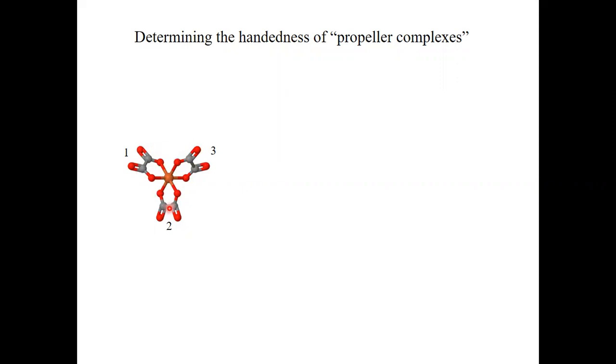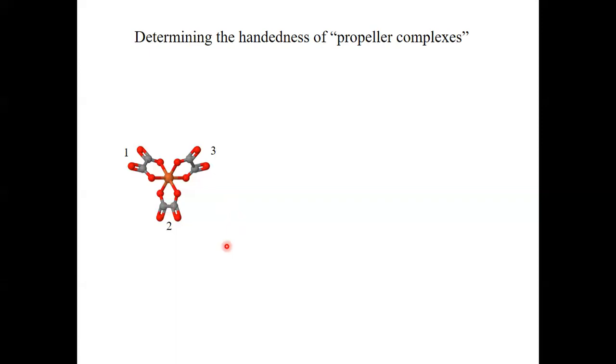So now, is this a left-handed propeller or is this a right-handed propeller? If it's a left-handed propeller, it gets the designation lambda. If it's a right-handed propeller, it gets the designation delta. But how to determine whether it's lambda or delta?